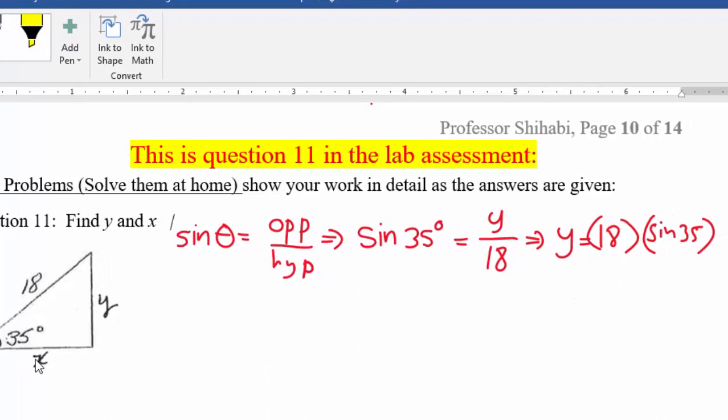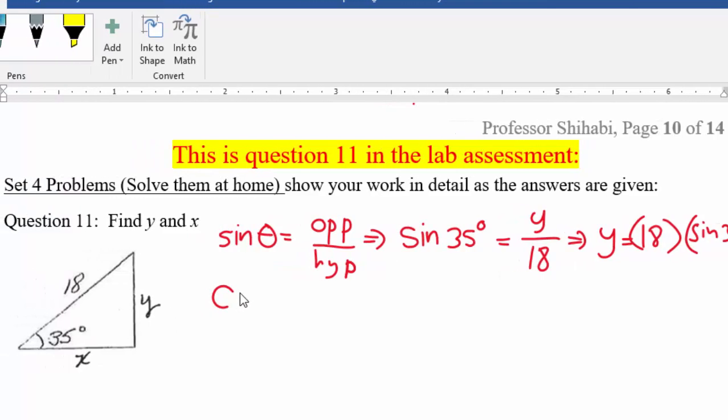The same thing for x. We know that the equation that relates the angle, hypotenuse, and adjacent is cosine. Cosine the angle is equal to the adjacent over the hypotenuse.